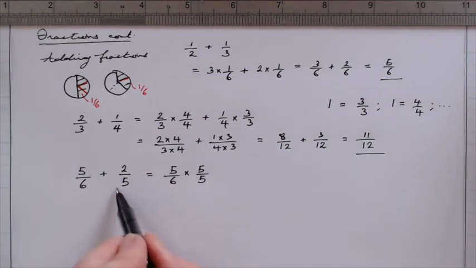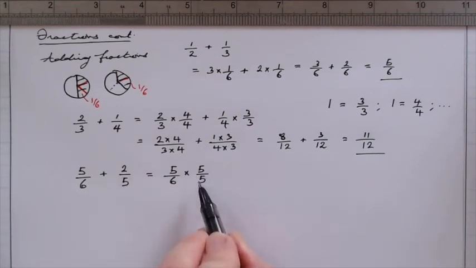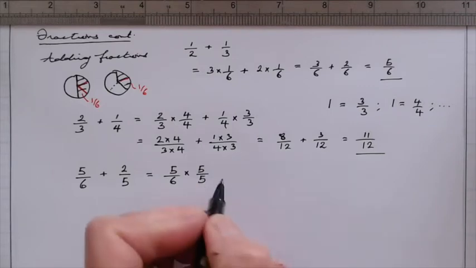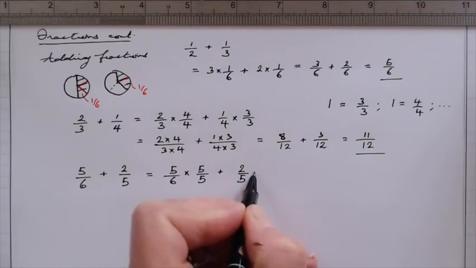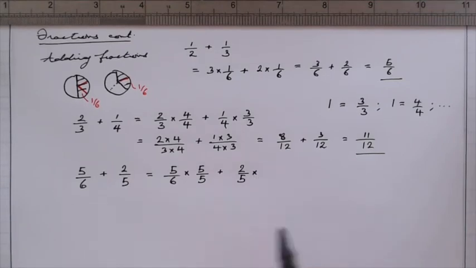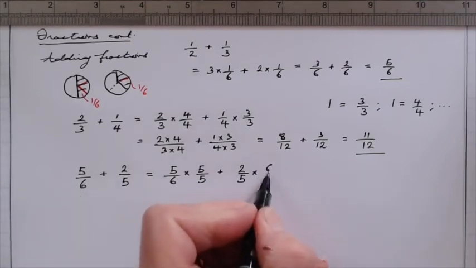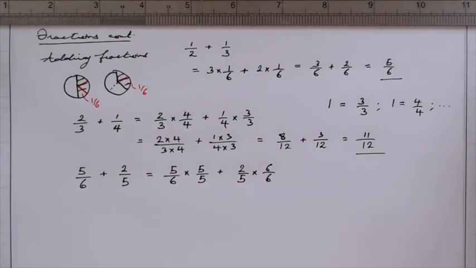And I'm sneaking in this denominator here, you see, by writing 1 as 5/5. And then the second fraction, 2/5, I'm going to multiply by 1, but I'm going to write 1 as 6/6. Okay? And in that way, again, you can see that now these two denominators, once I've multiplied the fractions, are going to be the same.